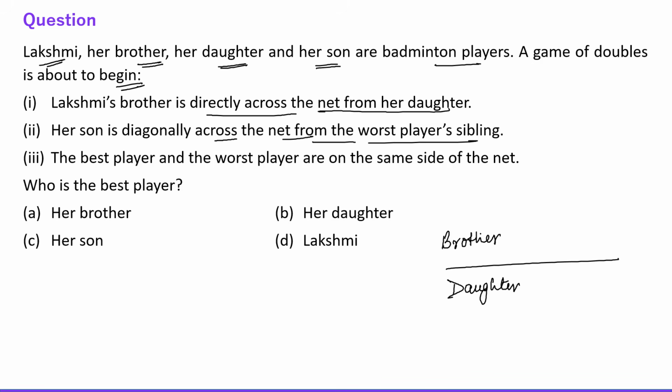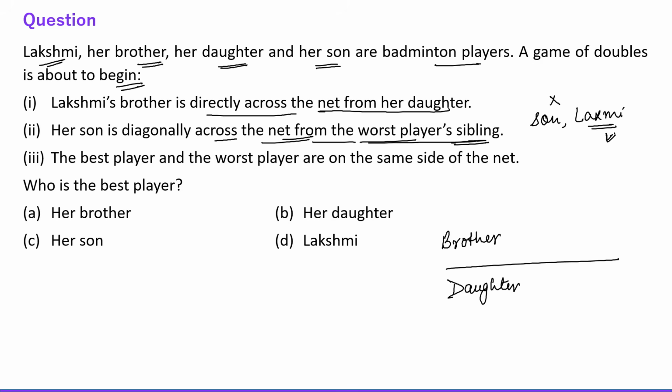See everyone, here Lakshmi's brother and Lakshmi's daughter are set. Now we need to give the position to Lakshmi and to Lakshmi's son. The question says her son is diagonally across the net from the worst player's sibling. So Lakshmi's son can't be the worst player. So either Lakshmi is the worst player or Lakshmi's brother is the worst player.